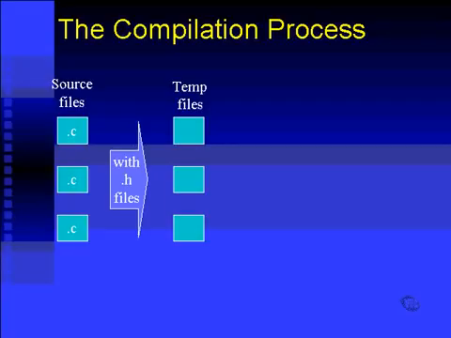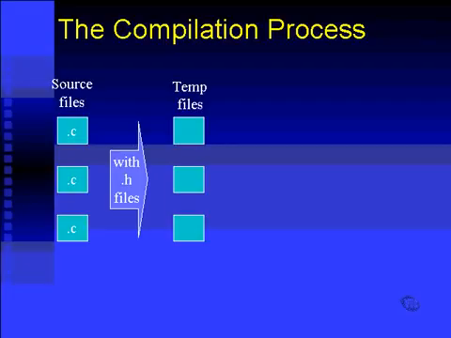So, essentially a copy of your .c file is made, a sort of a temporary file which gets deleted after the compilation is over. And that temporary file contains the code that you wrote with all the comments removed and all the hash lines processed. In other words, all the text substitution.